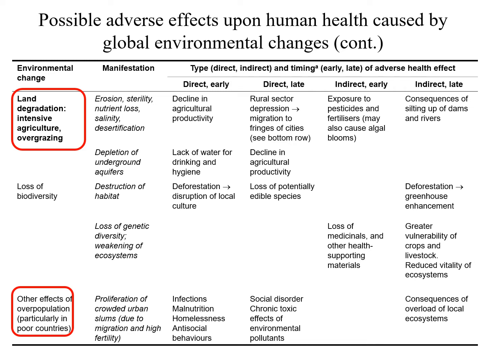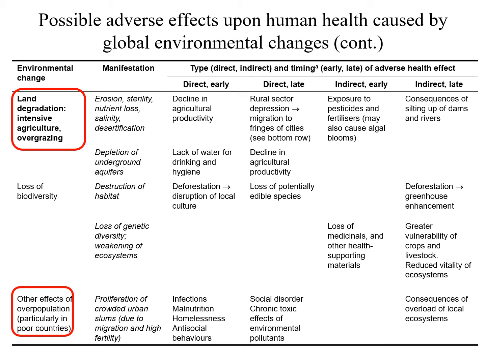Continued land degradation, intensive agriculture, overgrazing, manifested by erosion, sterility, nutrient loss, salinity, desertification, depletion of underground aquifers. Early direct effects: decline in agricultural productivity, lack of water for drinking and hygiene.